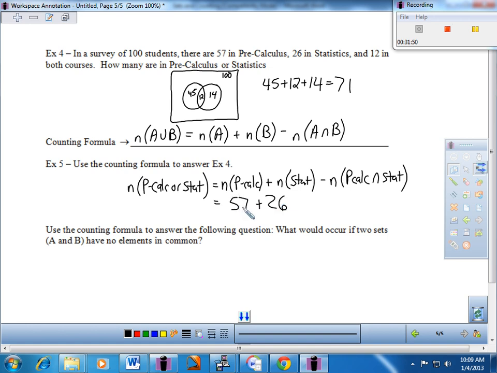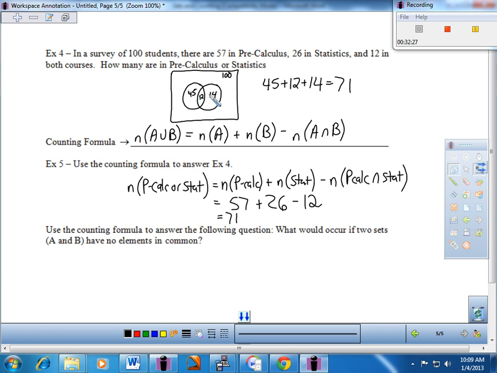Those 12 people are included in this number, and they're also included in this number. I don't want to include people twice. So in order to include them only once, I have to subtract away the intersection. Now I can just use these numbers right here. And by the way, if you take 57 plus 26 and subtract away the 12, guess what you get? 71.